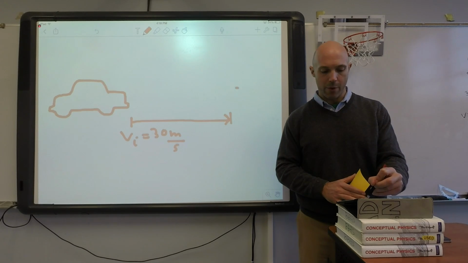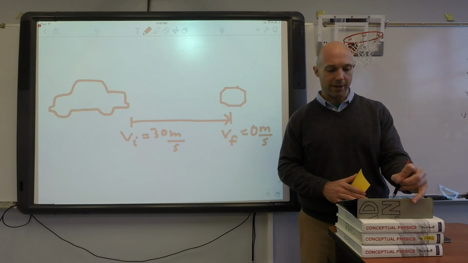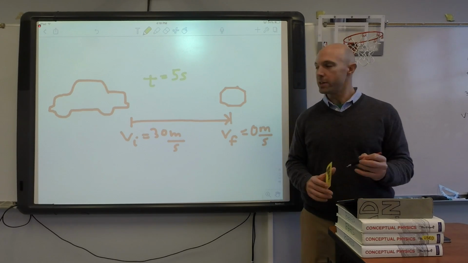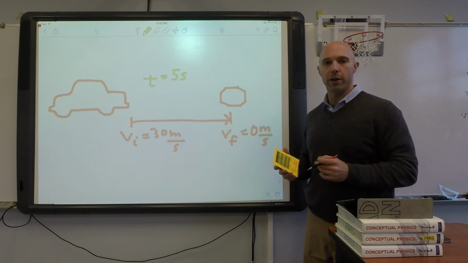In the end, when it stops, it's at 0 meters per second, which is our final velocity. The time it takes to do this is 5 seconds. So at this point we have down what are considered our knowns and unknowns.